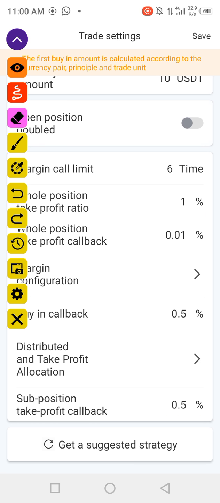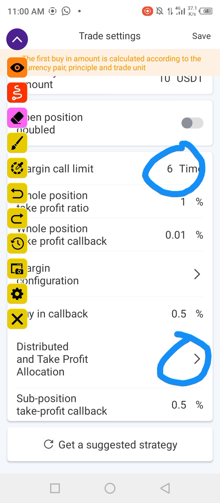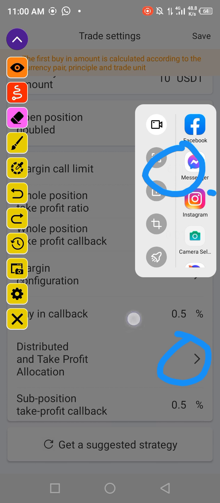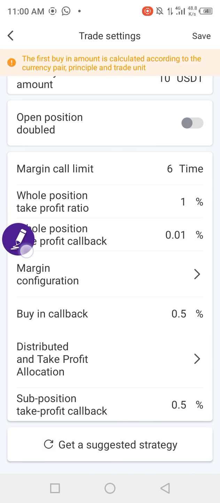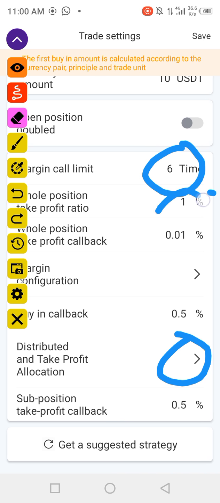Since we set this one at 6, what will be here will be 5 and 6, because this section will take care of position number 0 to 4 as initial position, and position number 1, 2, 3, 4.